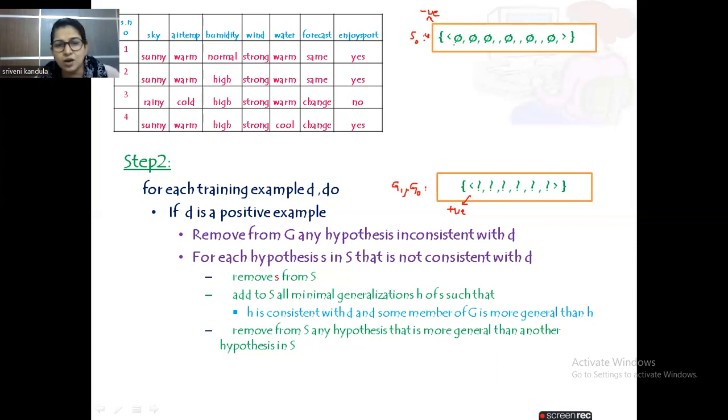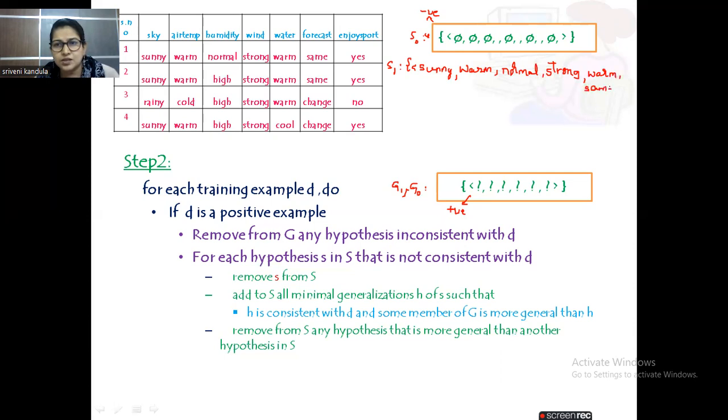And add to S all minimal generalizations h of s such that h is consistent with D and some member of G is more general than h. So in the next specific hypothesis, I should replace the phi values with the more general value. That is, replace phi with sunny, next phi with warm, the third phi with normal, fourth phi with strong, fifth with warm, and sixth with same.